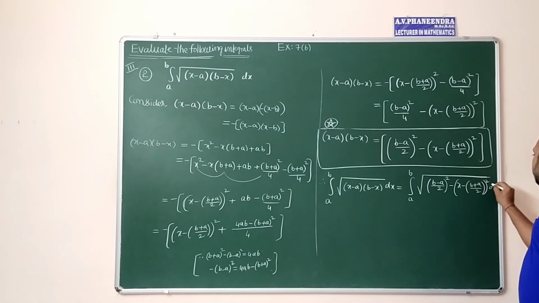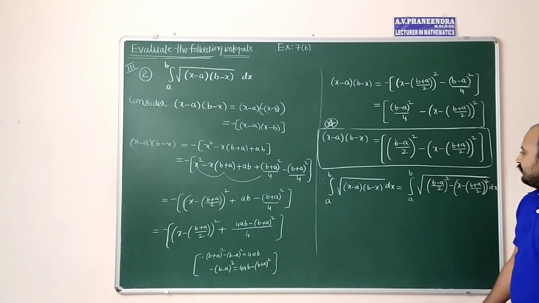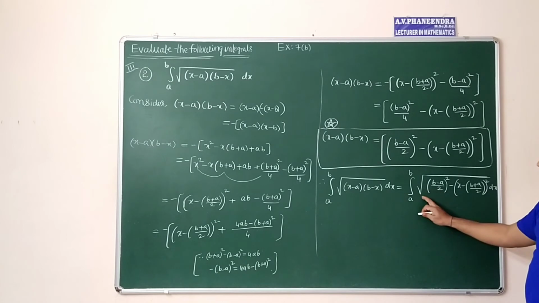Slowly you can understand that step by step. I am explaining slowly. Now it is in the form of integral root of a square minus x square.